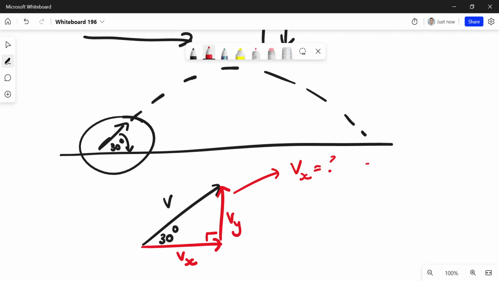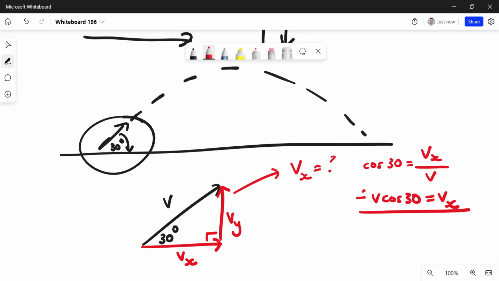So using trig, cos 30 equals the adjacent, which is Vx, divided by the hypotenuse, which is V. Therefore V times cos theta, or cos 30 in this case, is equal to Vx. That will happen every single time you do one of these questions. The key takeaway is that Vx is equal to V cos theta, and that is how we find the horizontal component, or the x component, of that velocity.